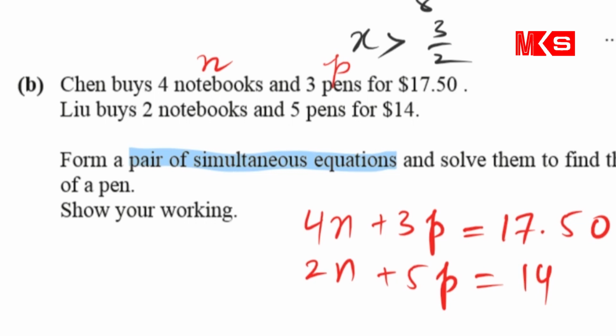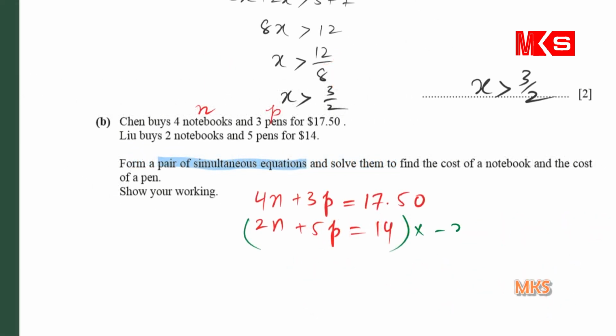So to make the coefficient of N the same, let's multiply this by minus 2. That will give us minus 4N minus 10P is equal to minus 28.